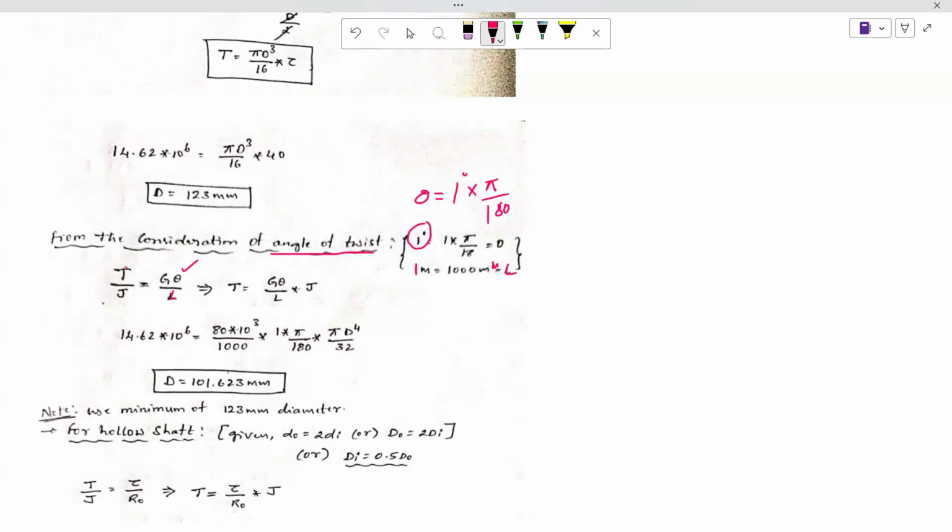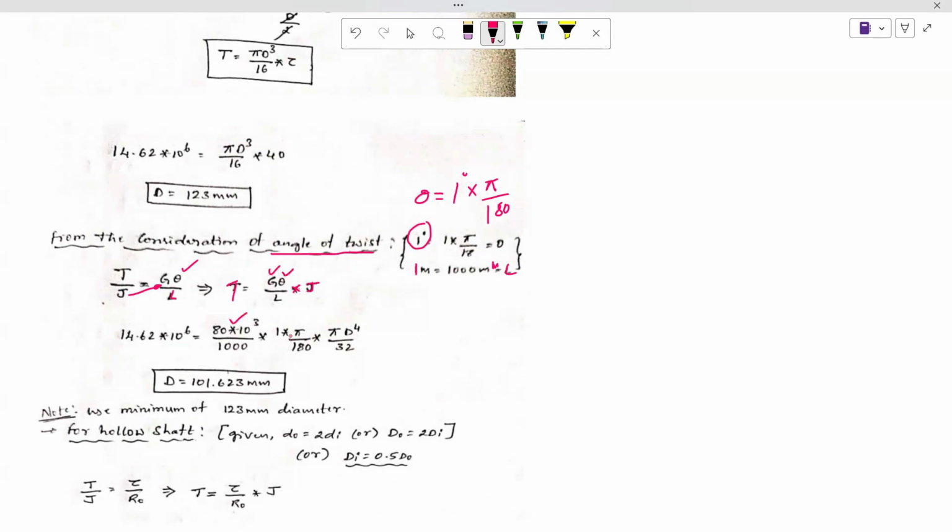So the torsional equation, T by J is equal to G theta by L. So T is equal to, just cross multiply this J towards the right hand side, that is to the denominator. So G theta by L multiplied by J. That is the equation you are going to get. From this equation, G is the modulus of rigidity that is given, so 80 into 10 to the power of 3.